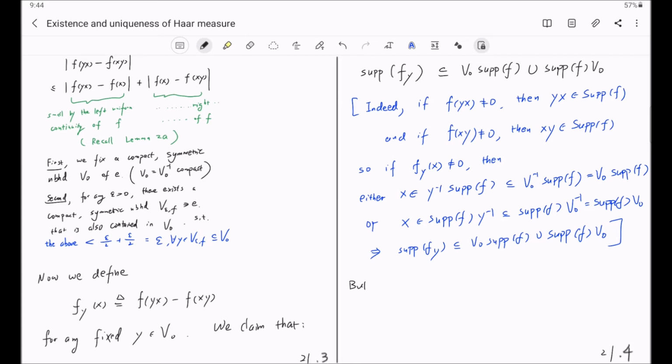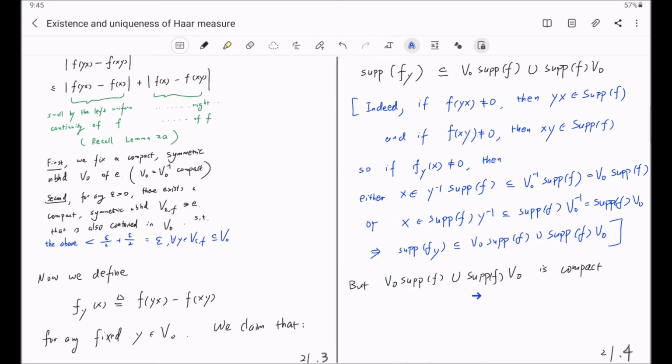But this right hand side, this union of two products, is compact. Why is it compact? It's compact because V naught was assumed to be compact, and the support of f is also compact because f is in Cc plus of G, and the product of two compact sets is compact because of continuity of the multiplication map in topological groups.